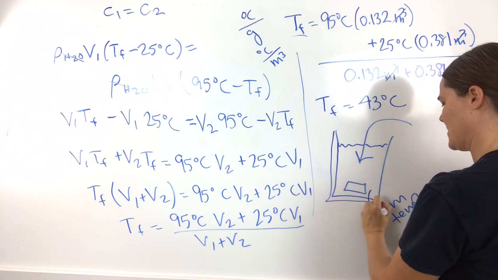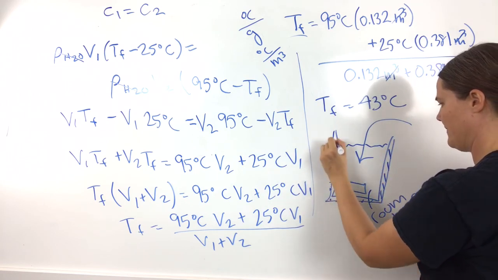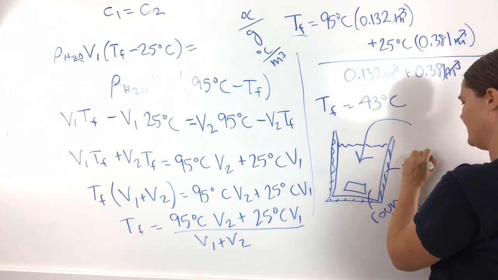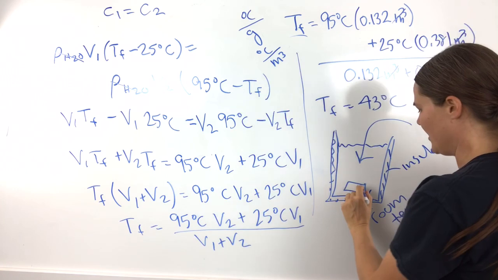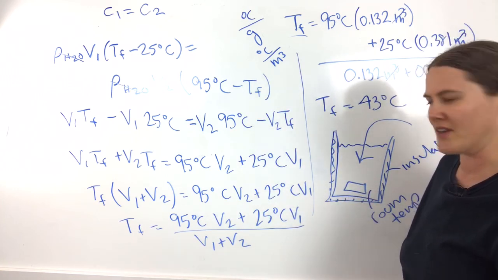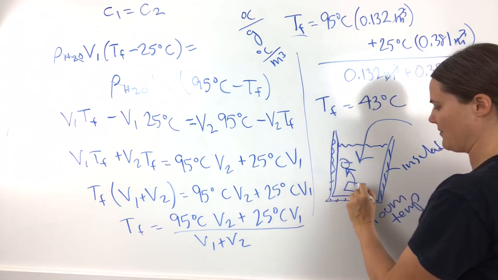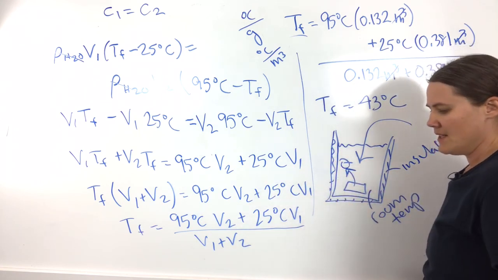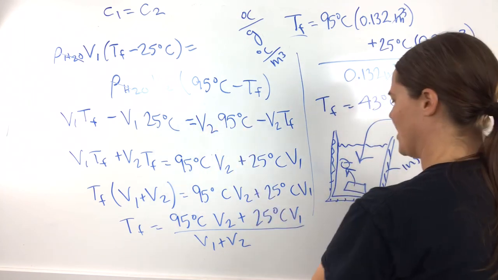And we're going to assume this container is perfectly insulated again. So I'm just going to say insulated, so there's no heat loss from the container. All of the heat that's lost from the metal is transferred to the water. So this can be written as Q. We're losing heat from the metal to the water. You would set up and solve this problem the same way as the one we just did.